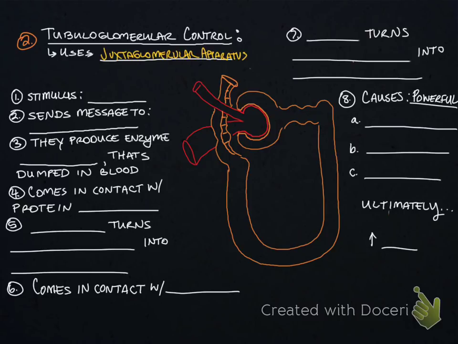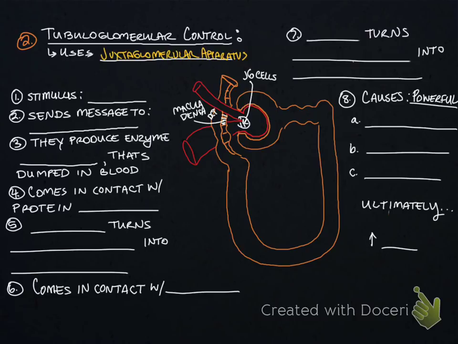It's made up of your granular or juxtaglomerular cells on the glomerulus. So I'm going to call those JG cells. In lab, I think you called them granular cells. And also cells found on the distal convoluted tubule in the same region, called macula densa cells. Okay, so together they form the juxtaglomerular apparatus.